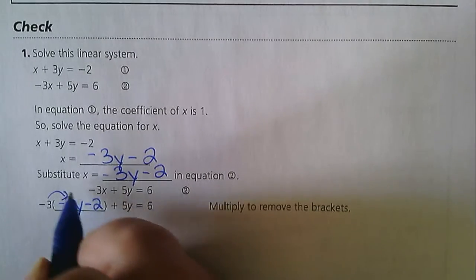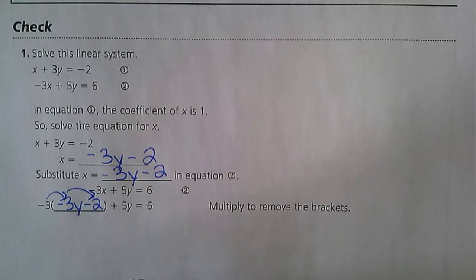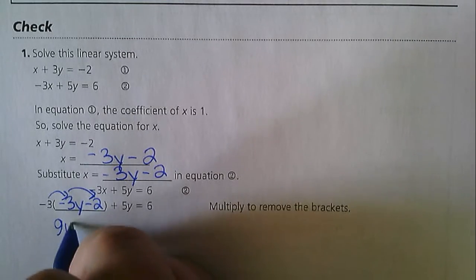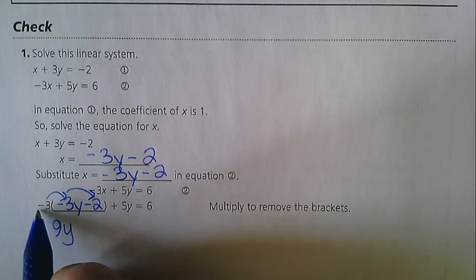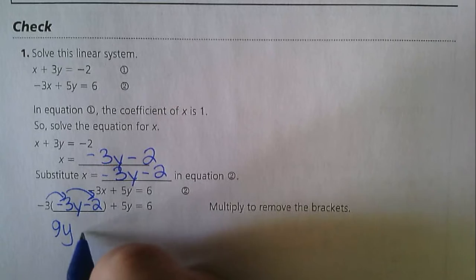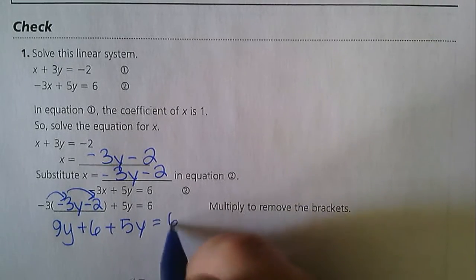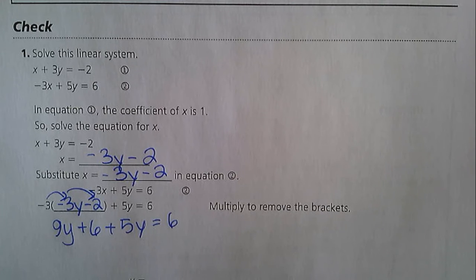So remember, distributive property, you're going to distribute both of those terms. -3 times -3y ends up as a positive 9y, and -3 times -2 is positive 6, plus 5y equals 6. Let's rearrange those terms.